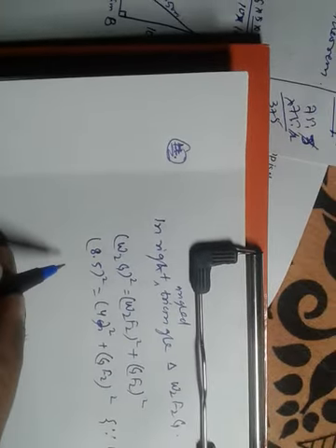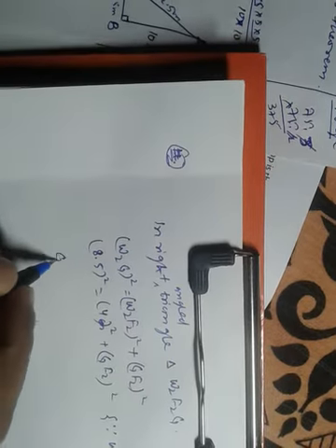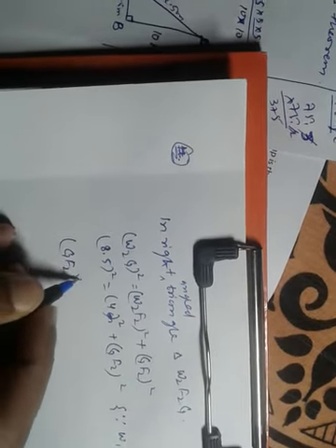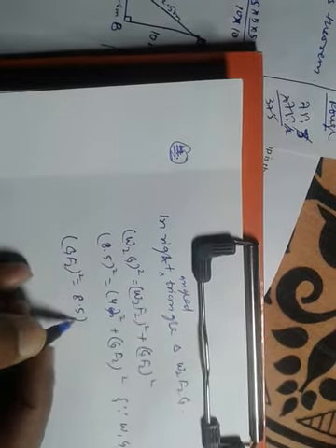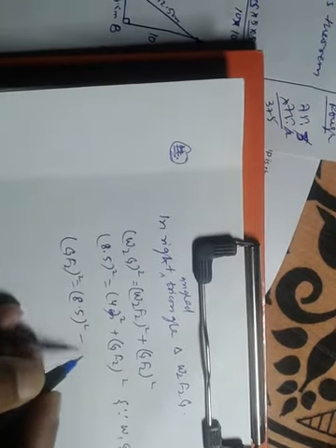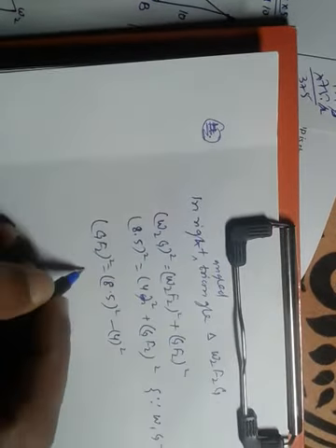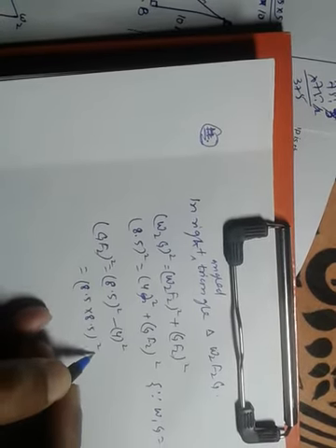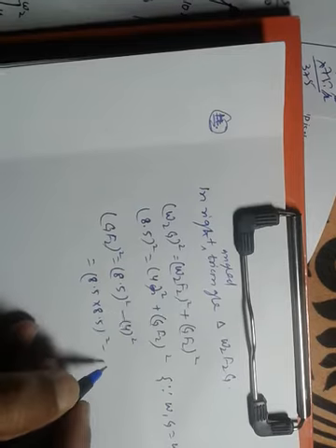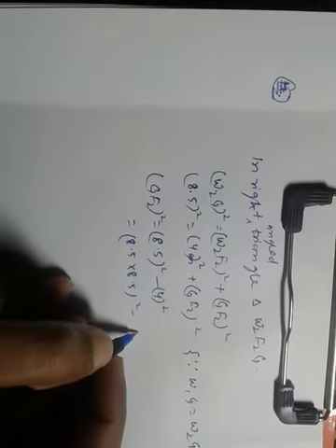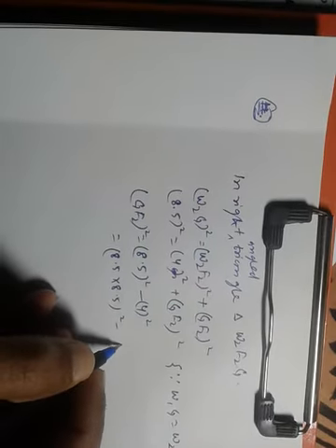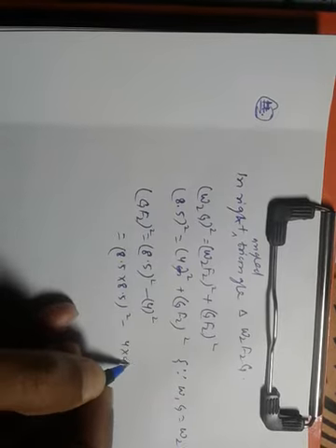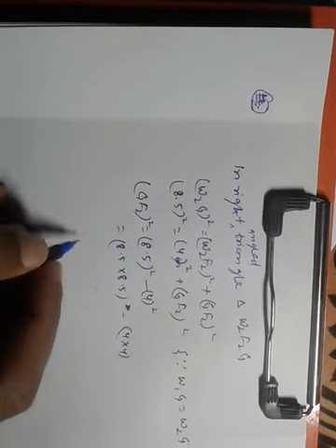It is not given to us, they are equal, we understood. So GF2 square equals 8.5 square minus 4 square. 8.5 into 8.5 minus 4 into 4, that is 16. So here we write square.